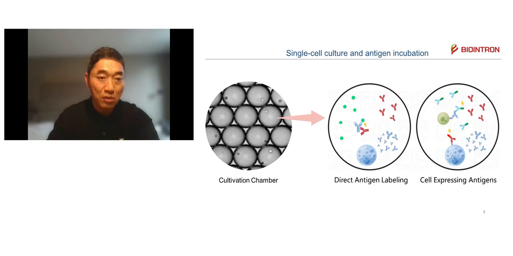After this, the microfluidic chip is transferred to a so-called cultivation chamber and cultured for a few hours, and then we stain and detect the secreted antibody with directed antigen labeling. This antigen is shown as the green dot.